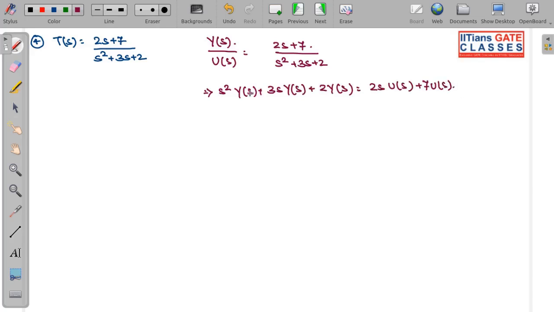Now if you write the inverse Laplace transform, you will have 2 du/dt. What is this? This is not defined in our state model, so we cannot use the previous method for such type of question.